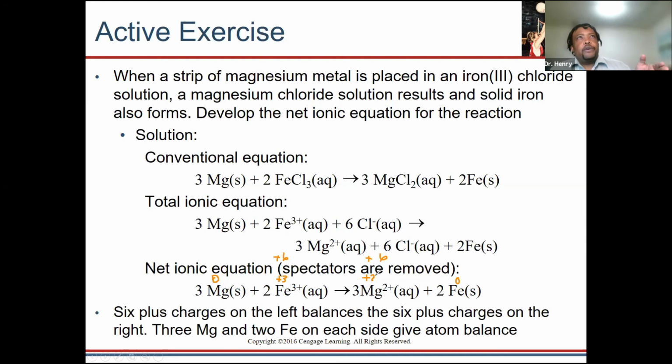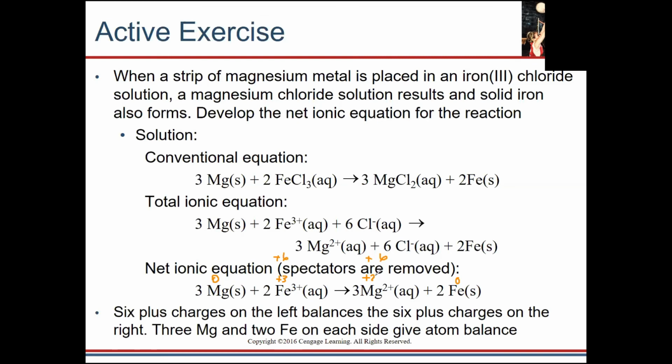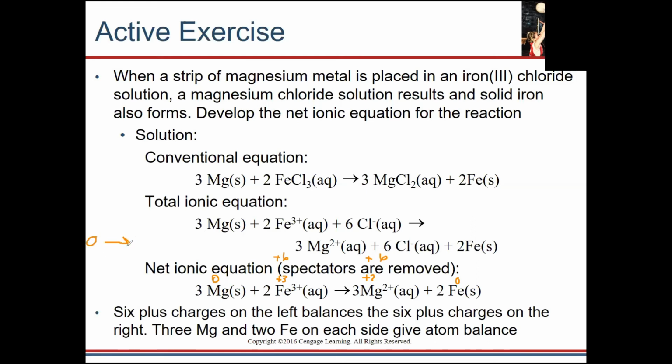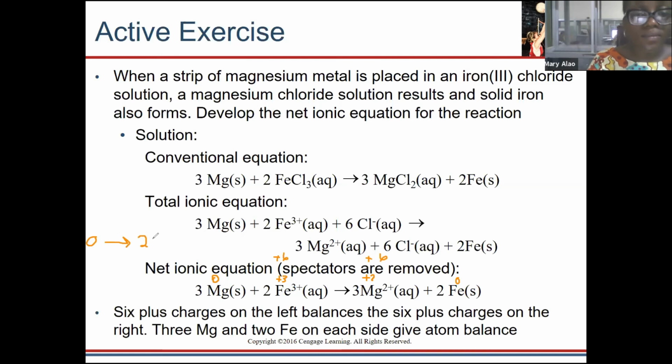If we're going from a 0 to a +2, what must be happening to that magnesium? Is it going to be losing electrons or gaining electrons? Losing. Okay, so we're losing electrons.